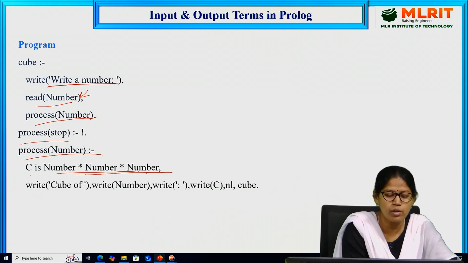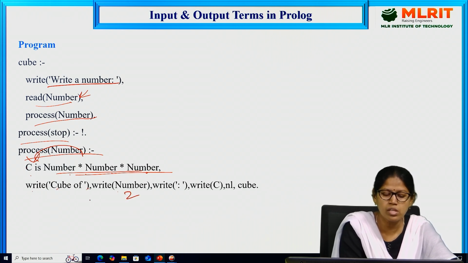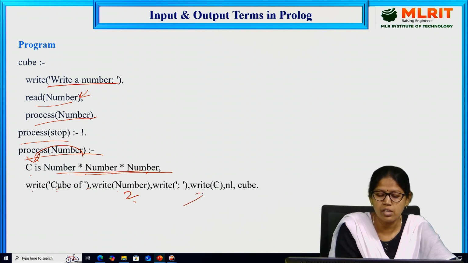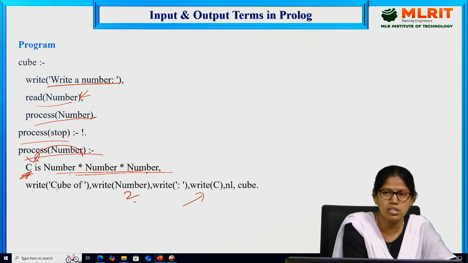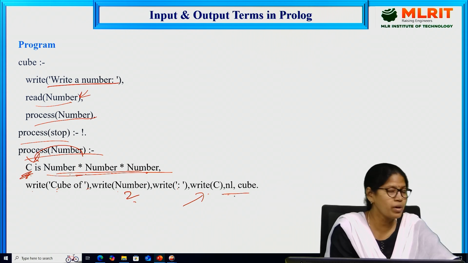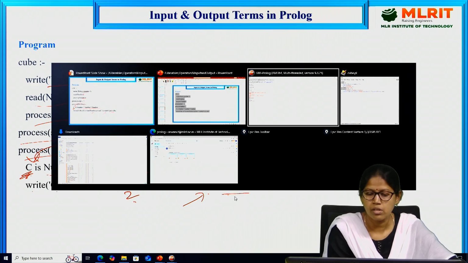Whatever the value is, that will be placed into C. And after that, the cube of that number. For example, if you have given 2, then cube of 2 colon, then it will return the C. What is stored in C, the result, will be displayed, and cube again it will ask. Let's check how it will be interpreted.